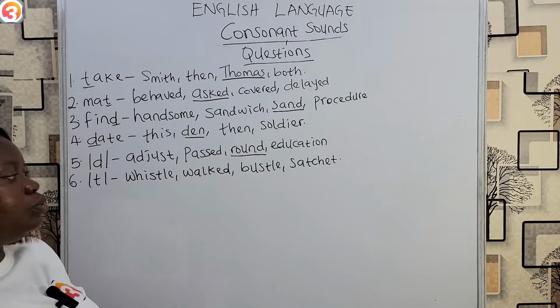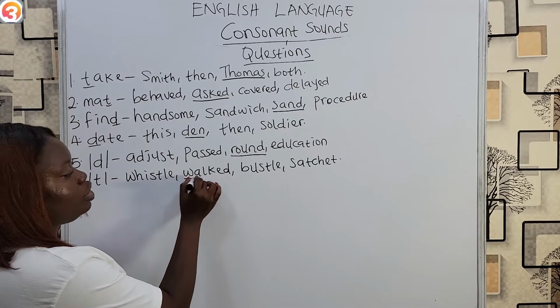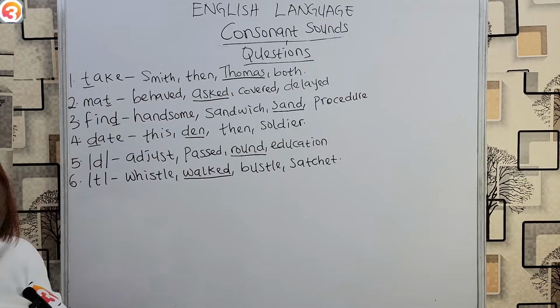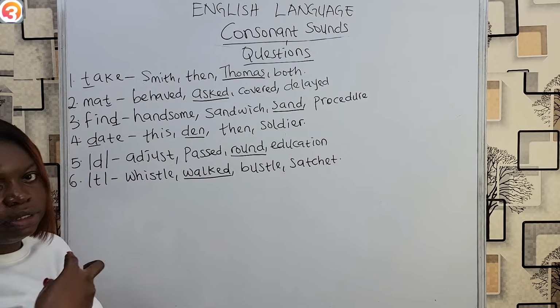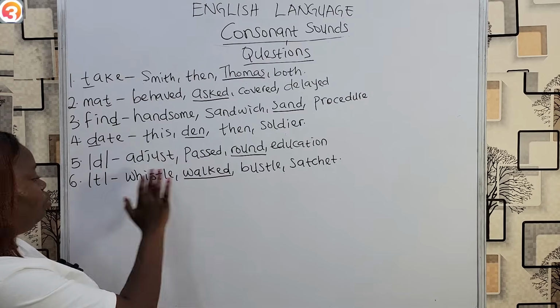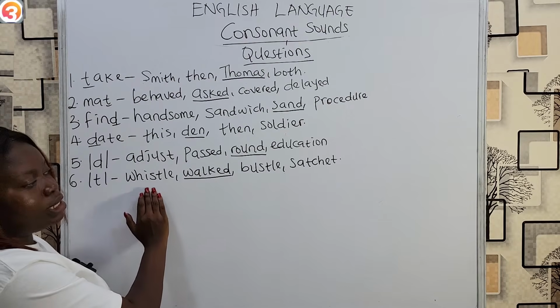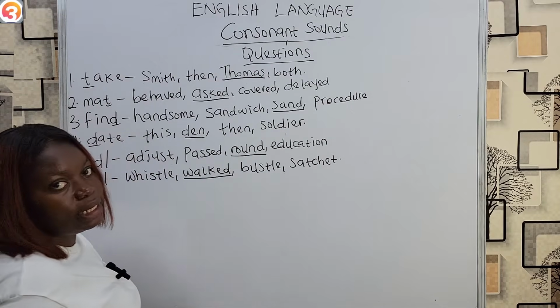But then this is actually the word that contains the consonant sound we are looking for. This is walked. The verb is ending in a voiceless consonant sound. So the ED at the end is pronounced T. Here the T is silent, the T is silent, the T is also silent there.